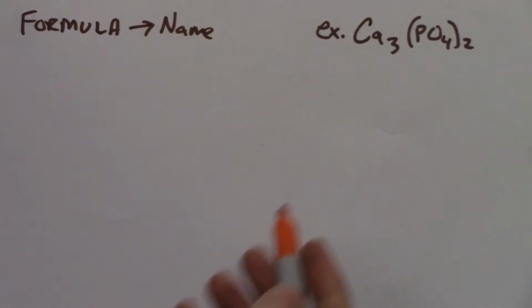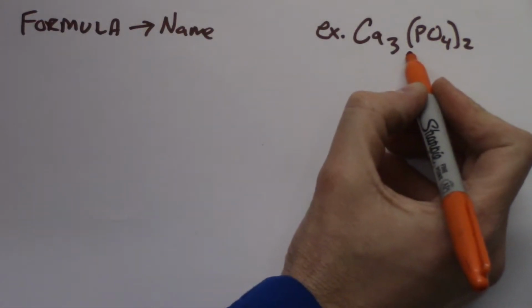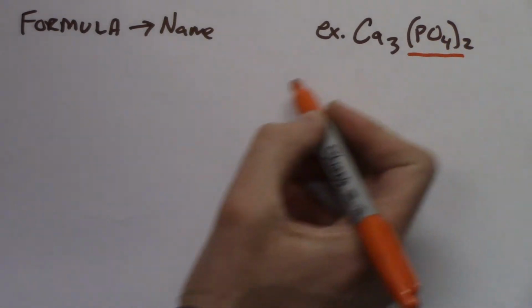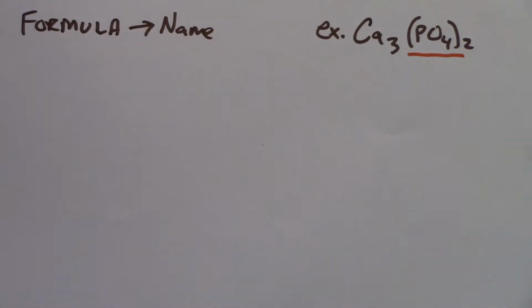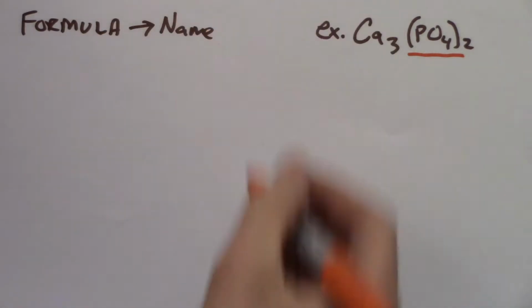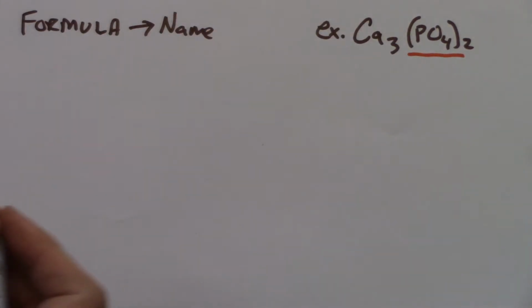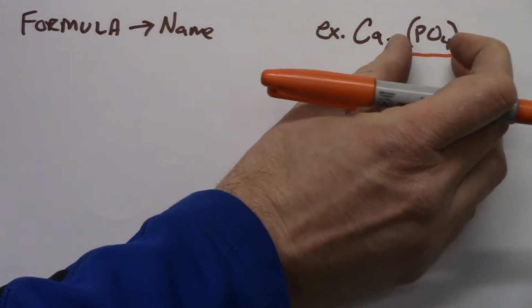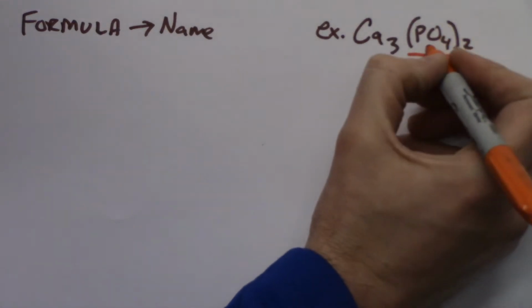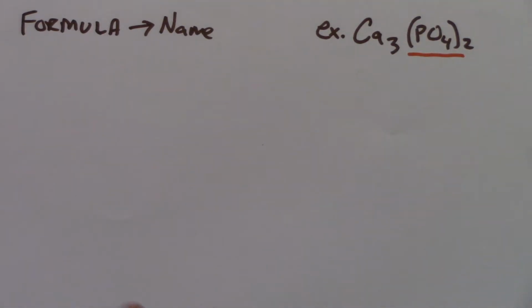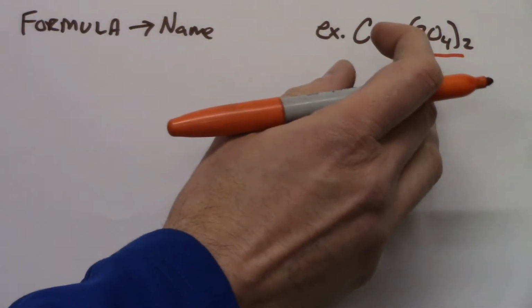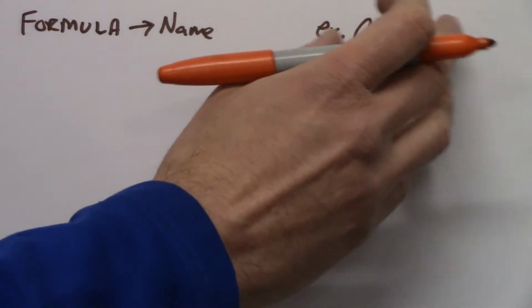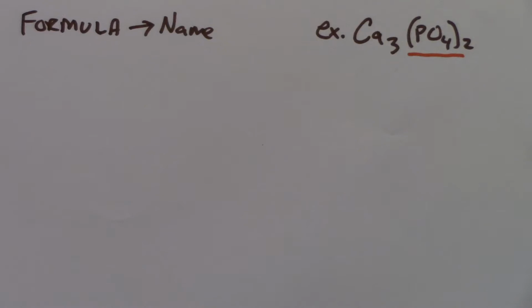You can see these brackets. Polyatomic ions act as 1. So you can never change PO4. Because it's in brackets, you can't add a 2. You can't change the ingredients of a polyatomic ion.